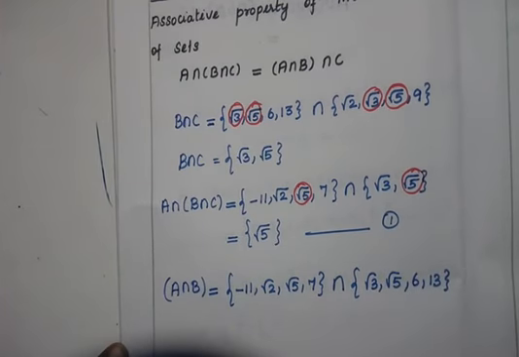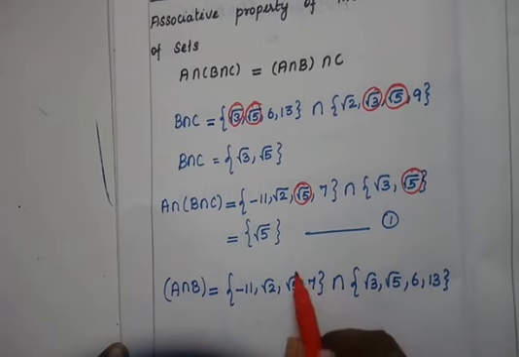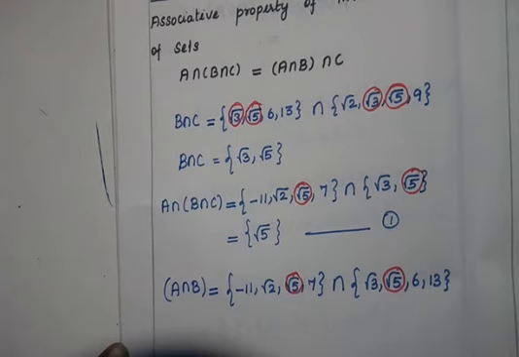Find the common element. What is the common element? Here root 5. Root 5 is the only common element. So A intersection B is equal to root 5.